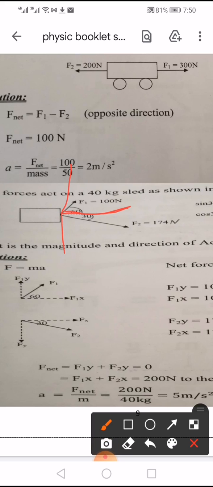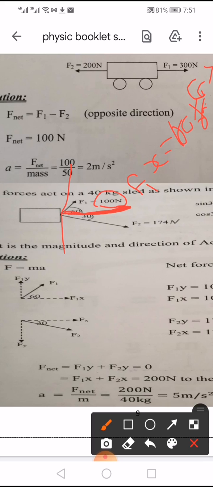To get this x component, for example, F1x equals we should multiply the 100 force times cosine 60.